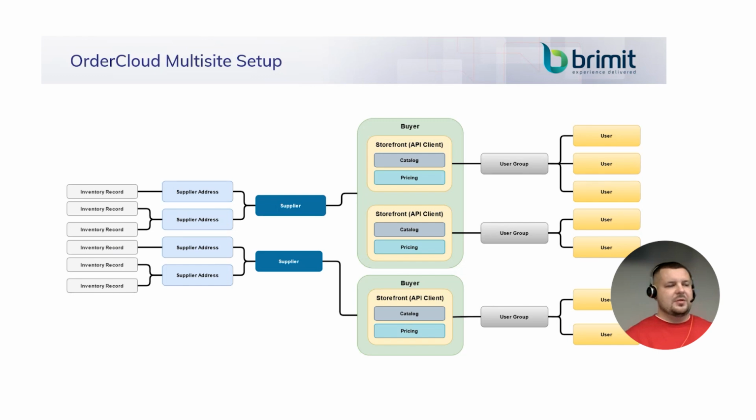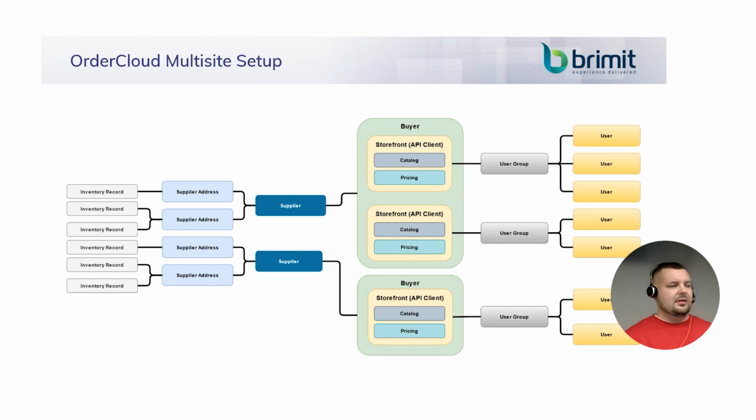For each website, we have a separate API client storefront. For each storefront, we have a separate catalog with its own pricing and its own local currency. We have suppliers. Suppliers, as I have mentioned, are brands. Each brand has multiple supplier addresses.